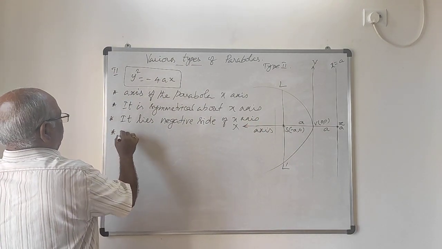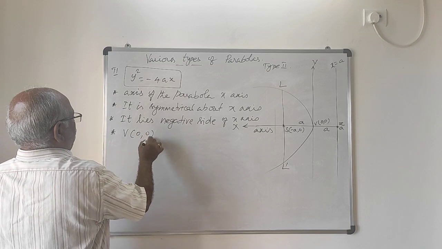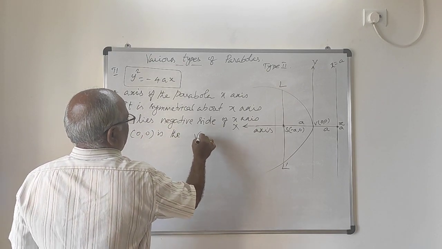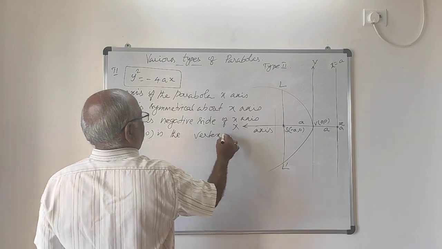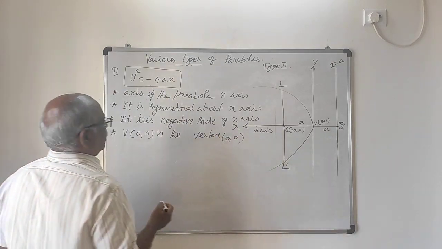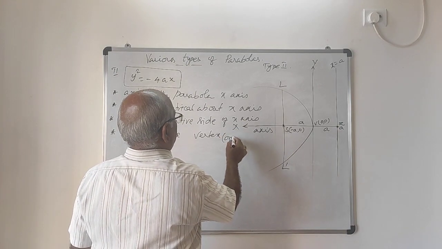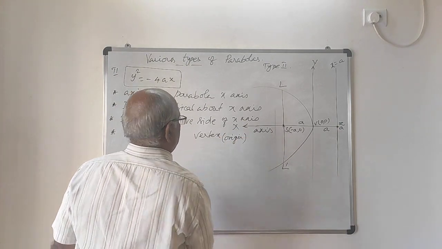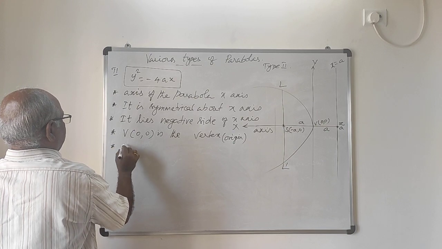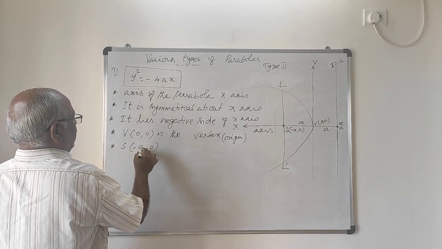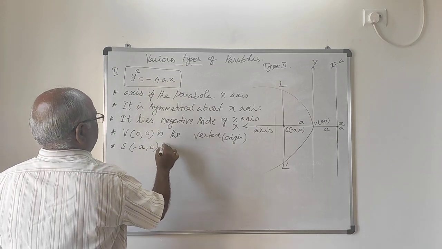Here V (0, 0) is the vertex of the parabola, that is origin. Focus here also is minus a comma 0. For this parabola, minus a comma 0 is the focus.